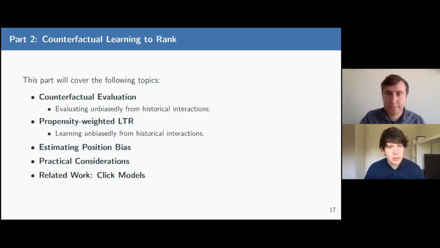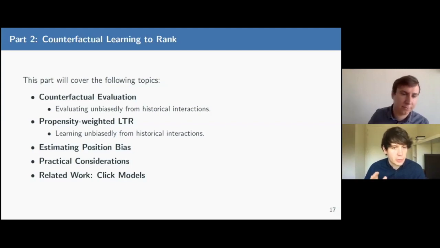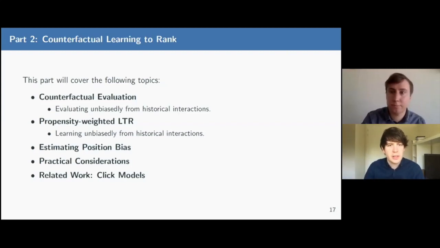And then we'll talk about the remaining topics together, which are estimating position bias, some practical considerations if you're going to use these methods in the real world, and some related work. We're going to compare this with click models so that you understand the difference between counterfactual evaluation and the existing click model work. All right, Rolf, if you can take us through the next section.